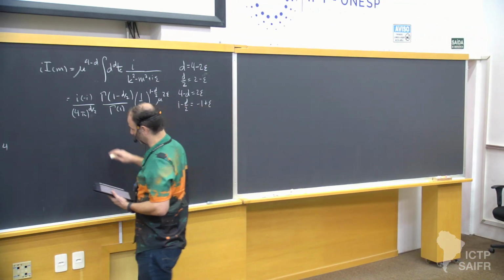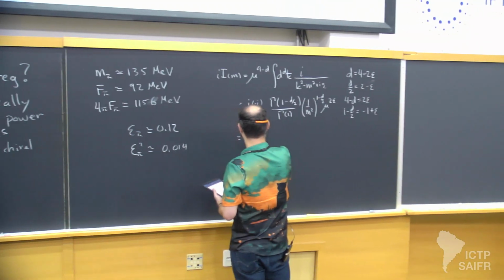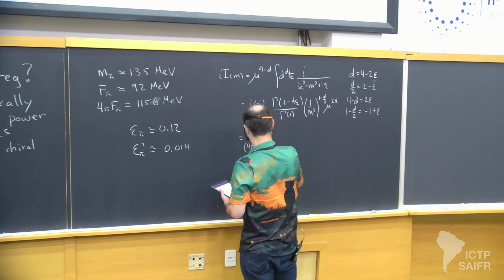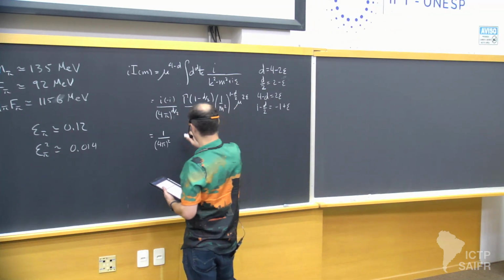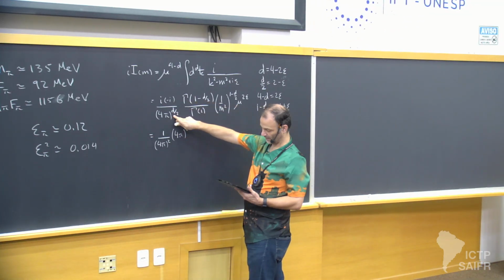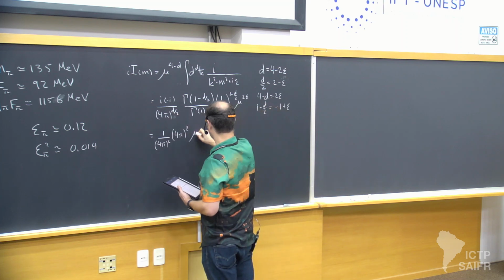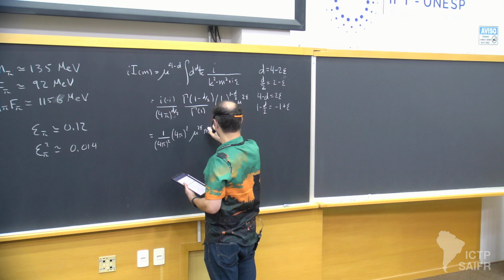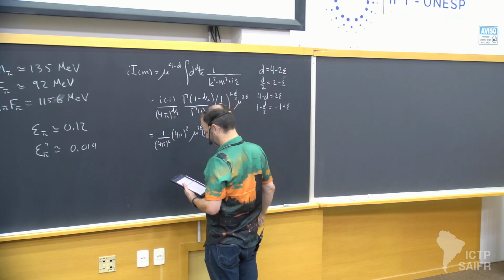Okay, so the i's nicely cancel for me. I get 1 over 4 pi squared. There's going to be a residual 4 pi to the epsilon from here. I'm going to have a mu to the 2 epsilon, m squared to the 1 minus epsilon.